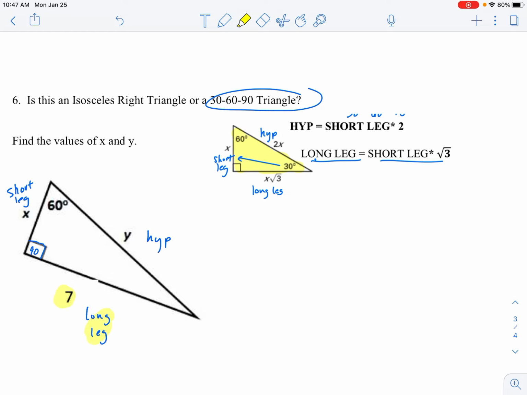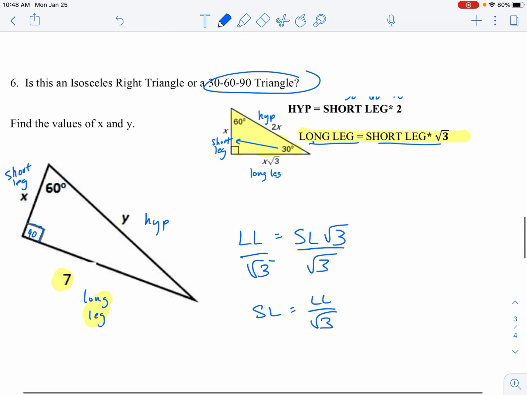So let's look at this formula. The long leg equals the short leg times the square root of 3. Long leg equals short leg times the square root of 3. That means that if I were to divide both sides by the square root of 3, the short leg equals the long leg divided by the square root of 3.